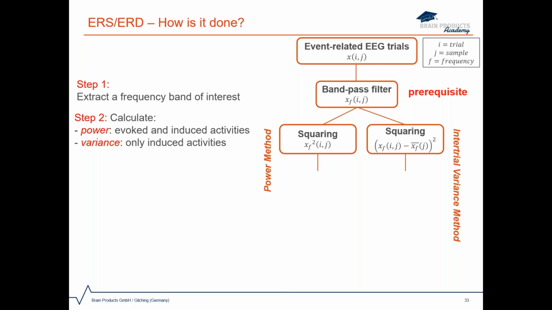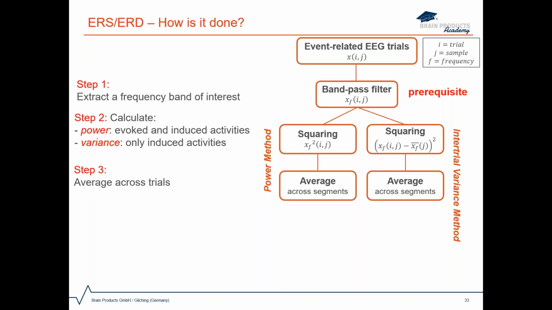If they are the same, we could conclude that the effect is solely based on induced activity. After that, trials are averaged as in ERPs. The result is the instantaneous power or inter-trial variance.